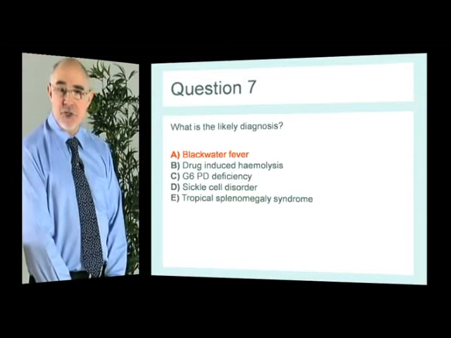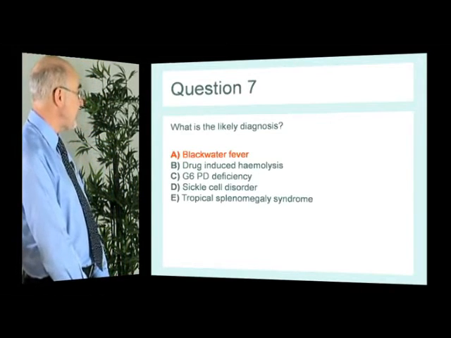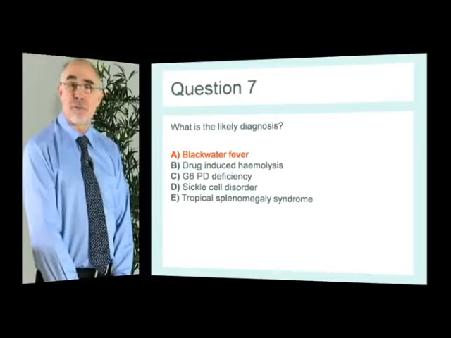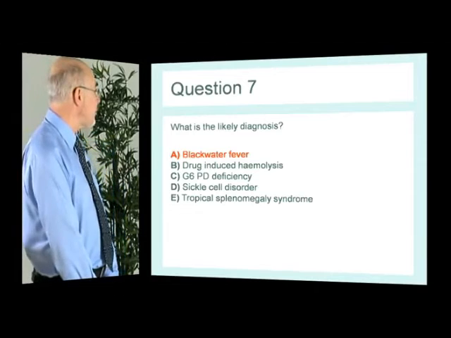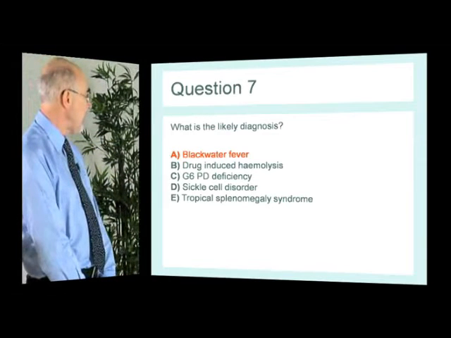However, drug-induced hemolysis related to antimalarial therapy is extremely rare. Antimalarial therapy may, however, precipitate hemolysis in patients known to have G6PD deficiency. But 2 days into treatment seems a little unlikely.